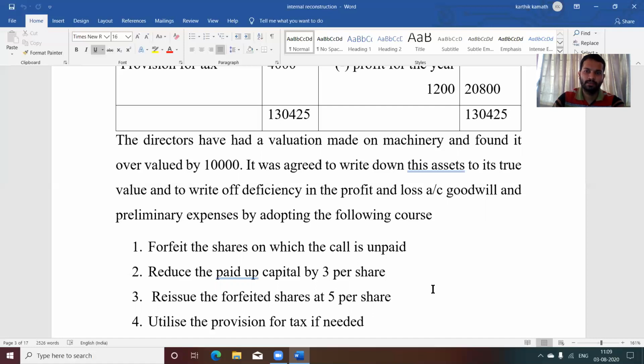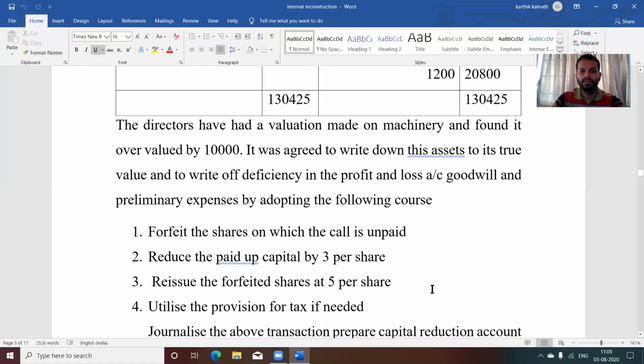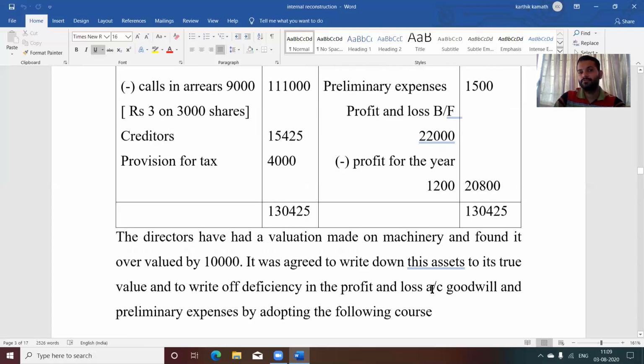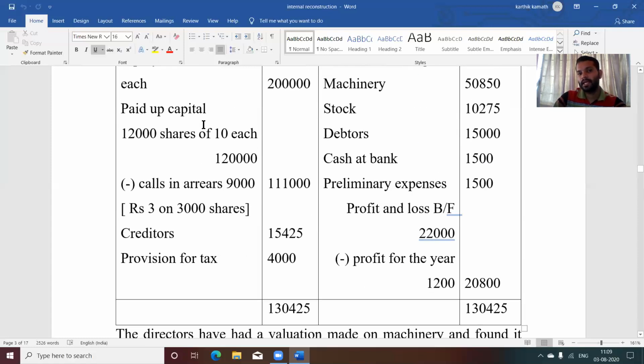Then reduce the paid up capital by 3 per share. That is as usual one journal entry. Then reissue of forfeited shares at 5 per share. So if you see here, paid up capital of 10 each is given, and out of that 3 is not paid.